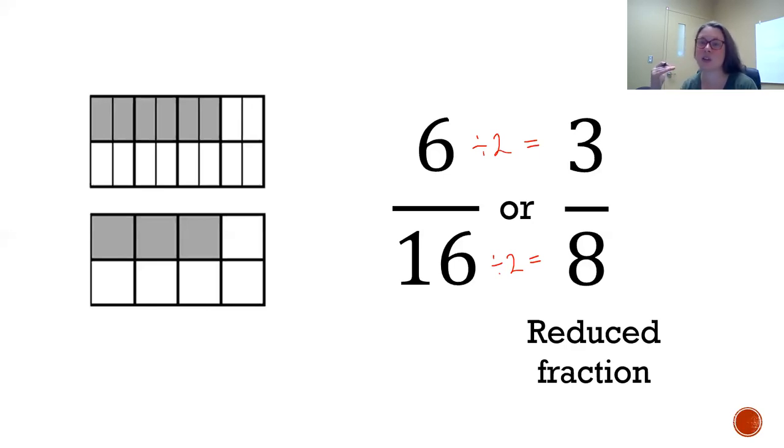If you look at the 3 and the 8, I can't divide either of those two numbers by the same number. 3 can be divided by 3 and 1, but 8 is not divisible by 3. And if you just divide by 1, the fraction stays the same. So 3/8 is what we call a reduced fraction. You may also see the word simplified, so we'll pop that in here.